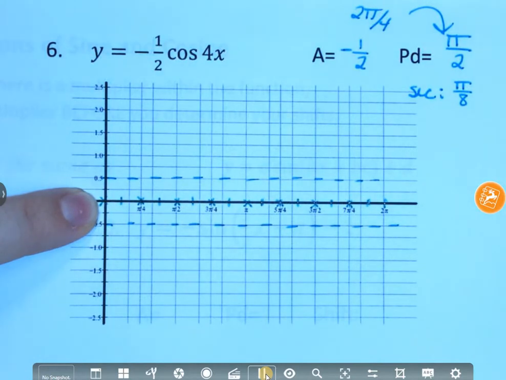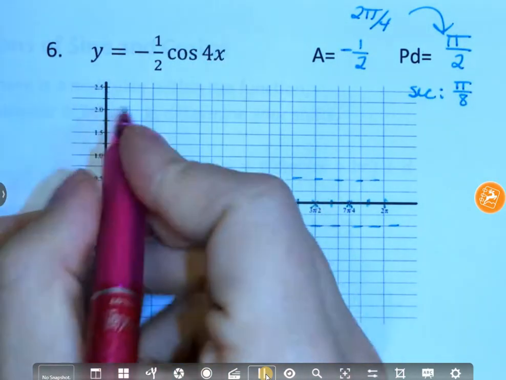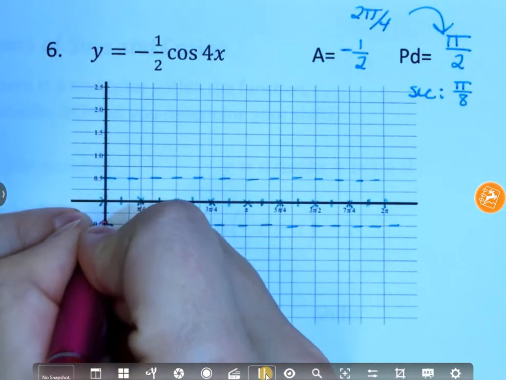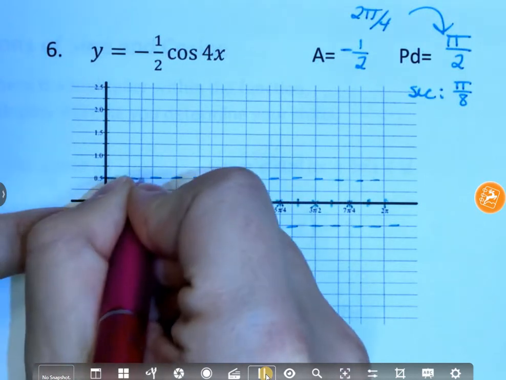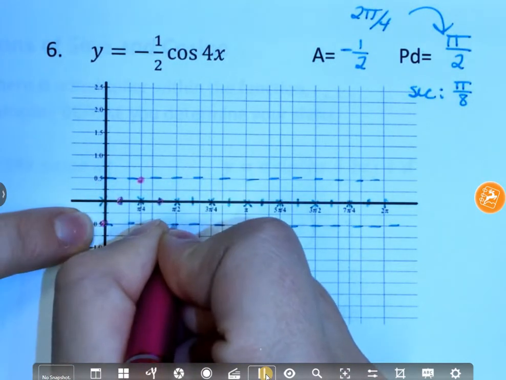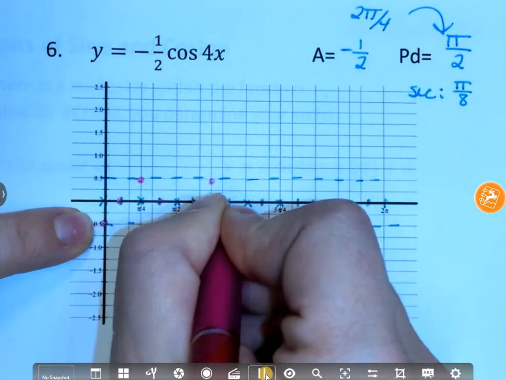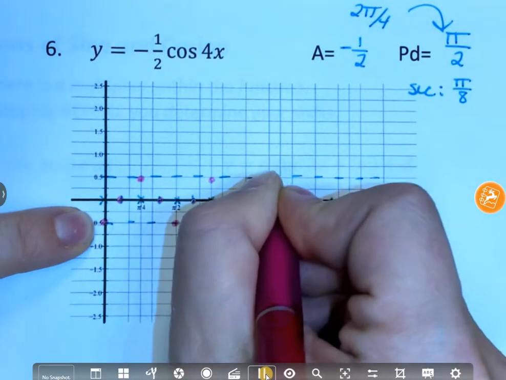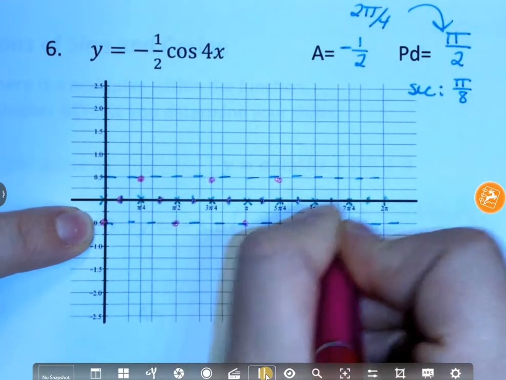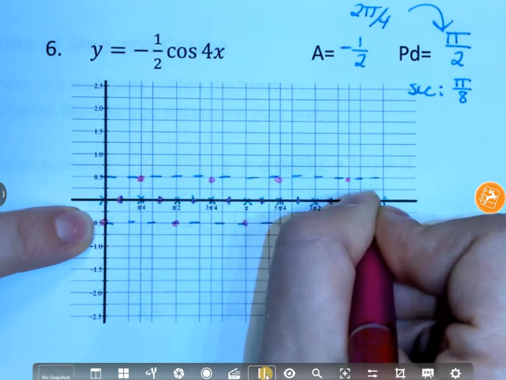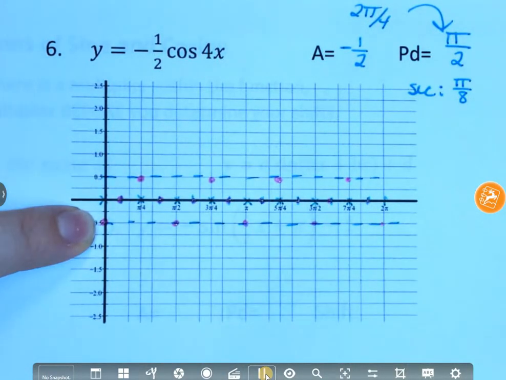And you told me already, where's my cosine going to start? Negative 1/2. And that means it'll go bottom, middle, top, middle, bottom, middle, top, middle, on and on, and on like Donkey Kong. And we just draw it.